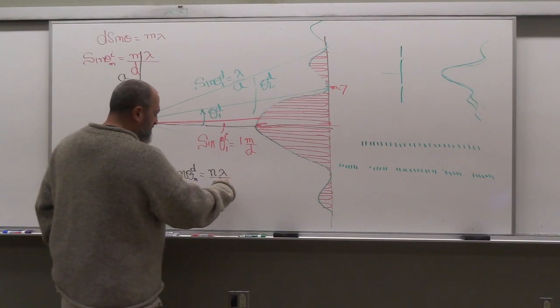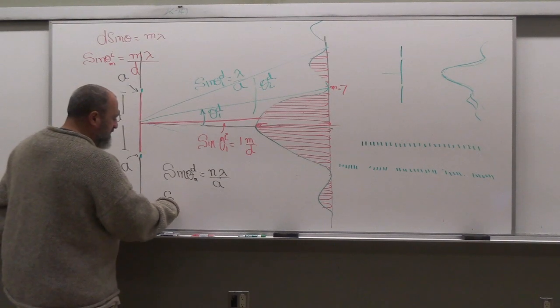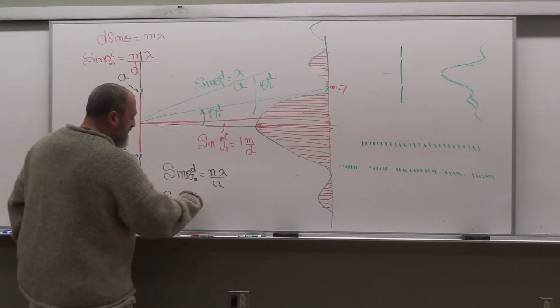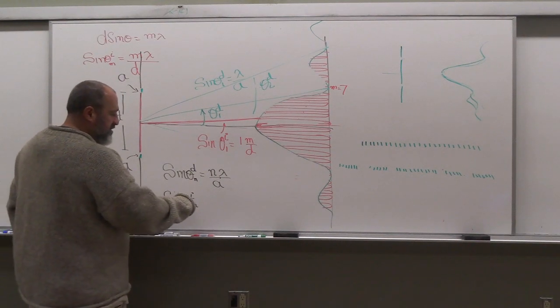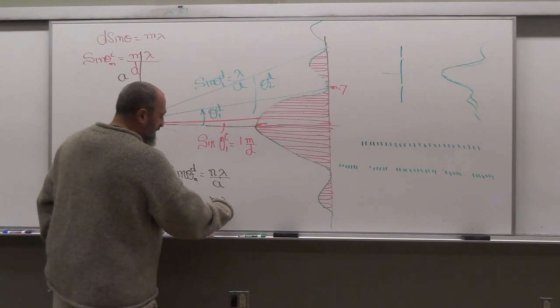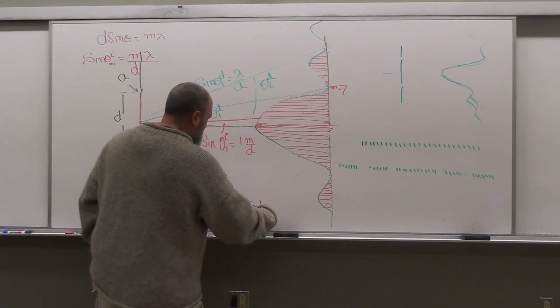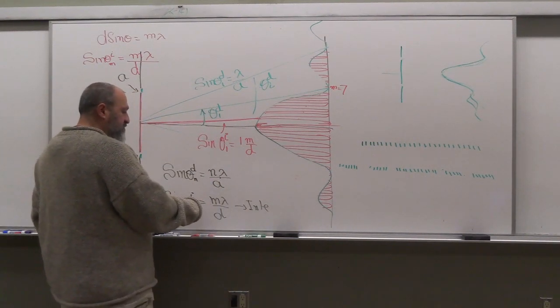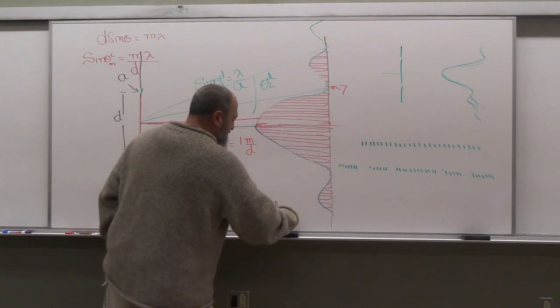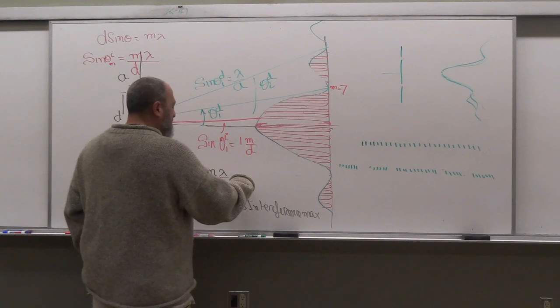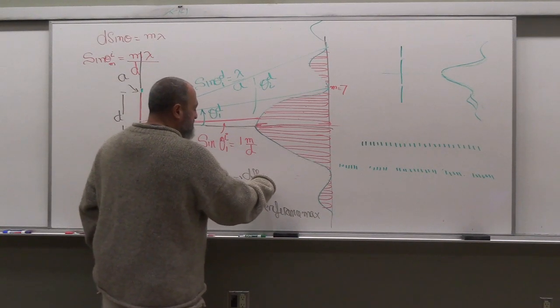Okay, and within that you'll find sine theta interference maxima. I'm looking at the maxima only, given by m lambda over d. These are interference maxima. The I is for interference, m is for the order. These are interference maxima. And these are the diffraction minima.